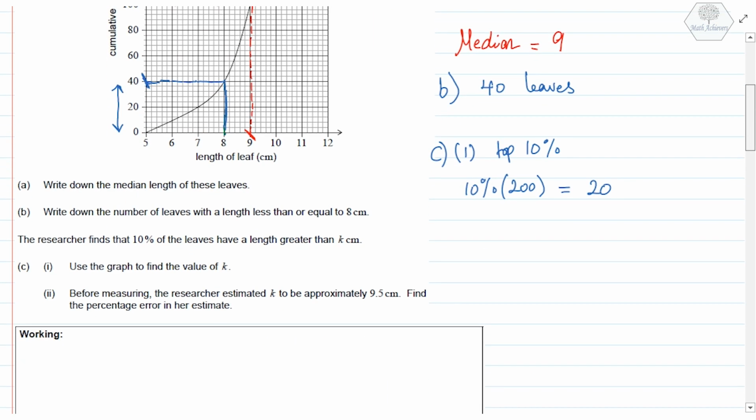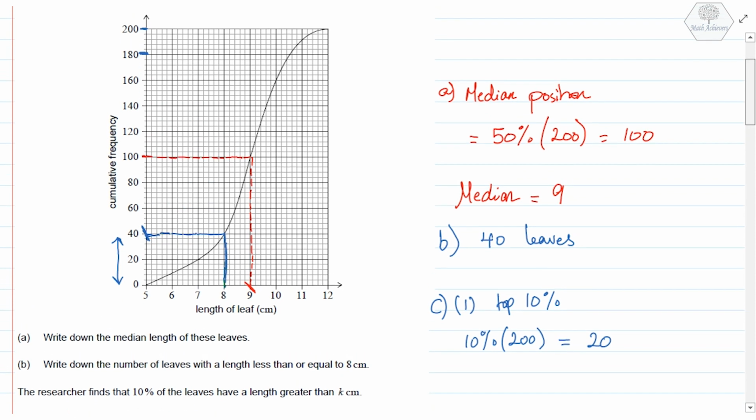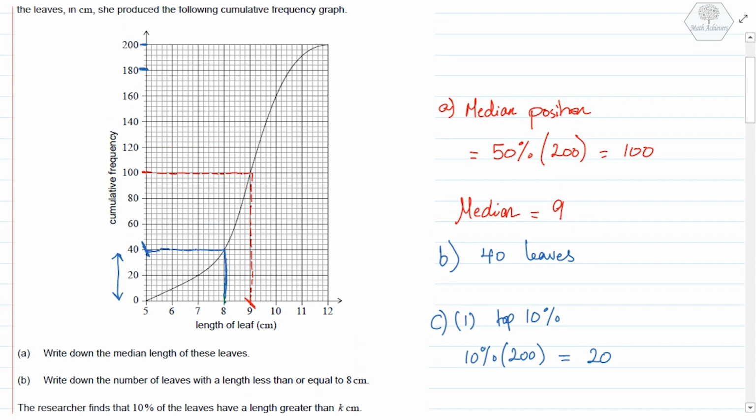The question wants to find the value of K for which the length of the leaf is greater than it. So from 200 to 180, I have 20 leaves. This is the upper 10%. I go from the 180, I draw a horizontal line, and I simply go down. So I'll be having K exactly in the middle in here, which is 10.5.